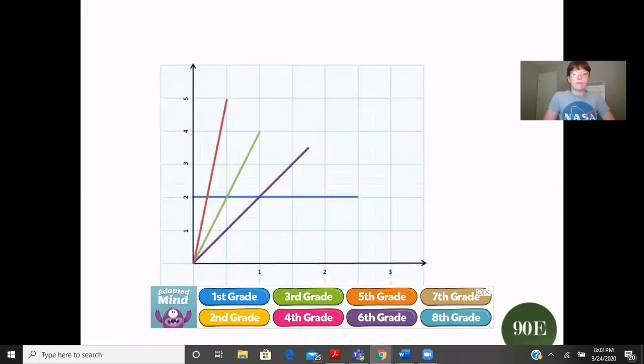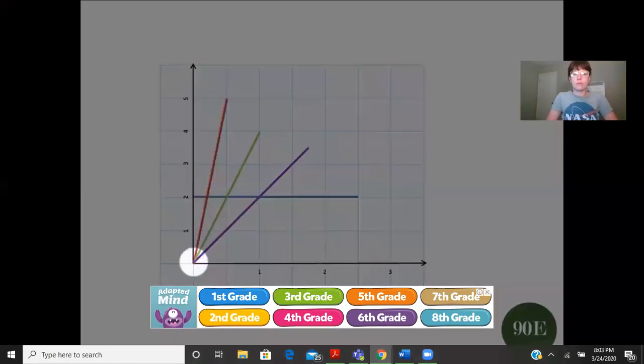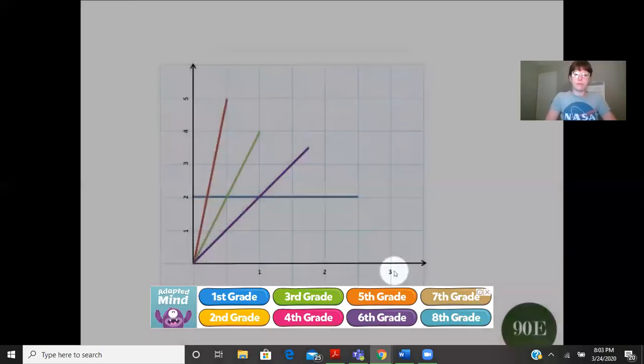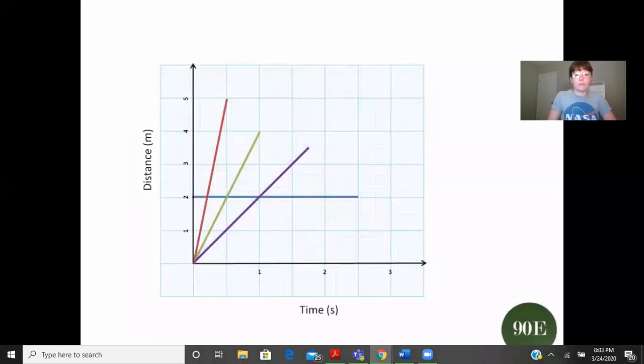You remember from math that the gradient or slope of the graph is calculated by looking at the y-axis and dividing it by the x-axis. If we put distance on the y-axis and time across the x-axis, then the slope or gradient is equal to the distance that's been traveled divided by the time it's traveled.